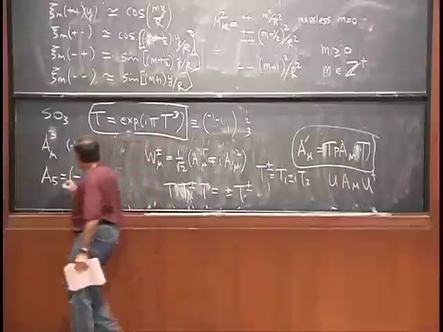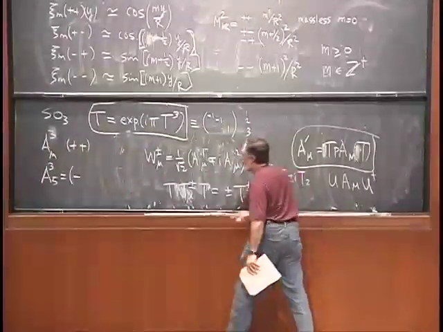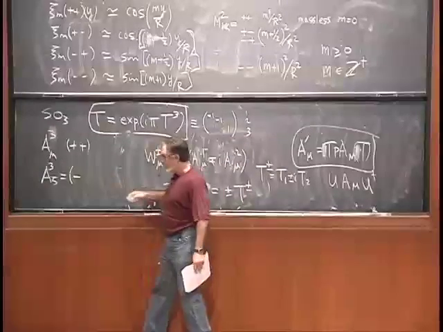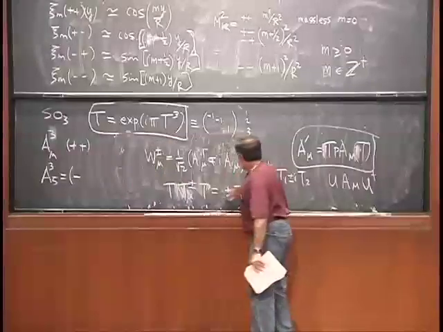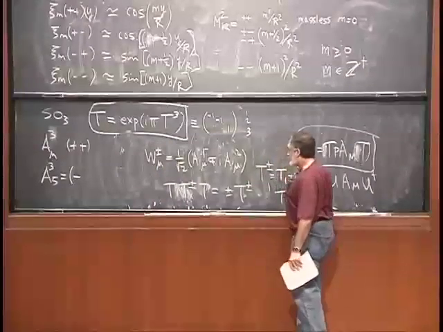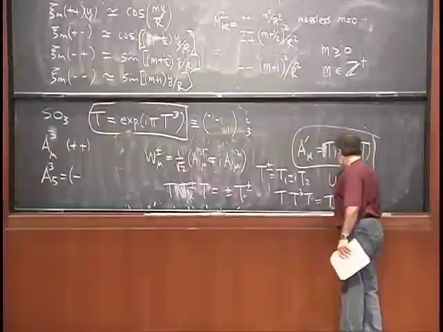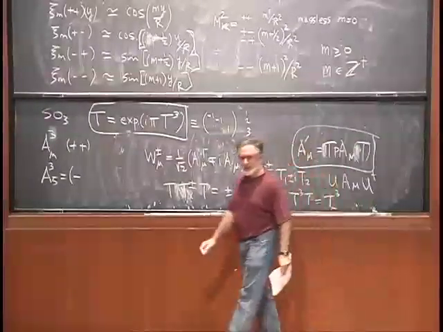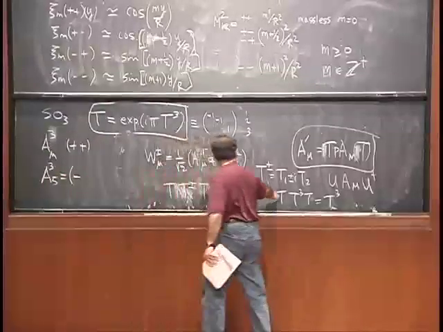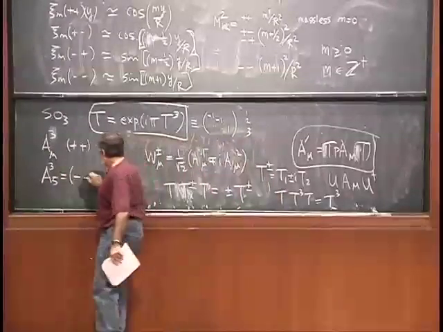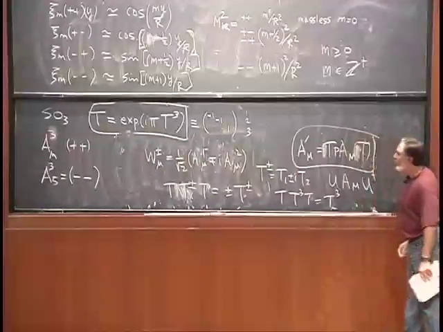If you look at A5 3, remember, it has parity minus under the first thing, but under the second thing, again, this commutes with the Wilson line, and so this quantity just gets its parity from P, parity odd.